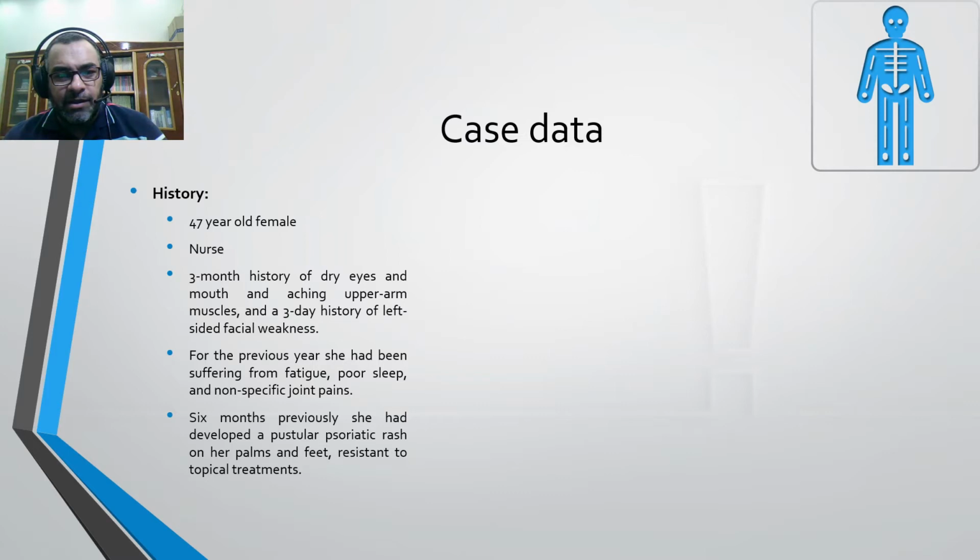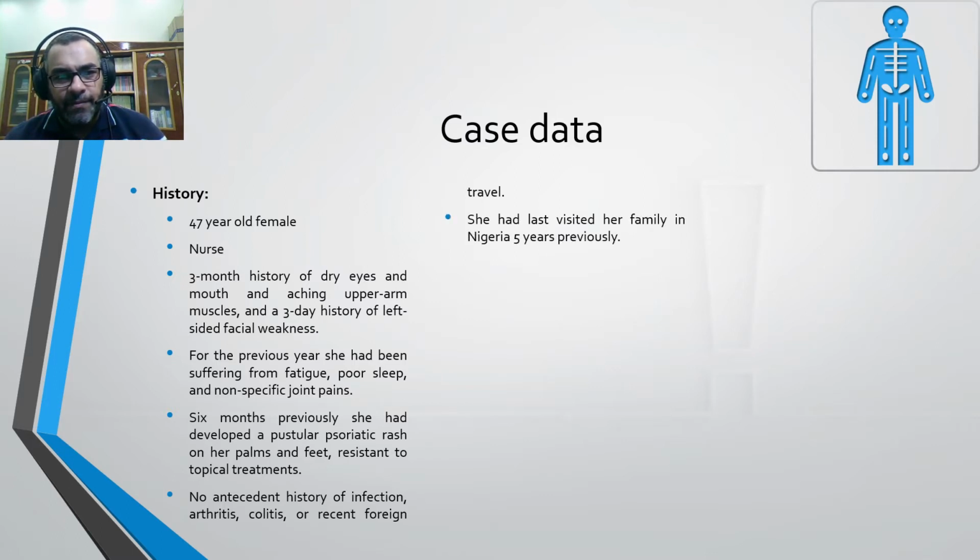Six months previously, she had developed a pustular psoriatic rash on her palms and feet, which is resistant to topical treatments. There is no history of infections, arthritis, colitis, or recent foreign travel.